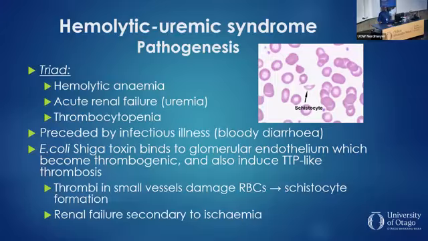Of course, the damage is concentrated in the kidney and the CNS. So prodrome of diarrhea, specific organisms have been finger pointed. E. coli Shiga toxin binds to the glomerular endothelium and becomes thrombogenic and then induces something like a TTP.